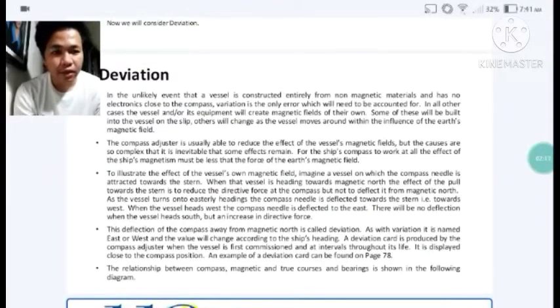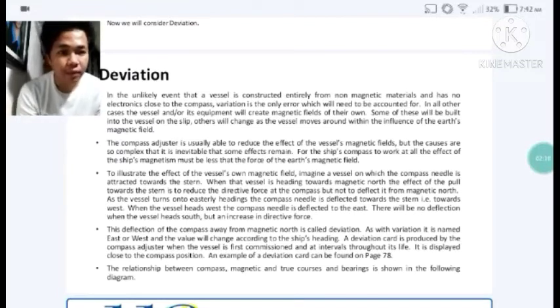In the unlikely event that the vessel is constructed entirely from non-magnetic materials and has no electronics close to the compass, variation is the only error which will need to be accounted for. In all other cases, the vessel and/or its equipment will create magnetic fields of their own.